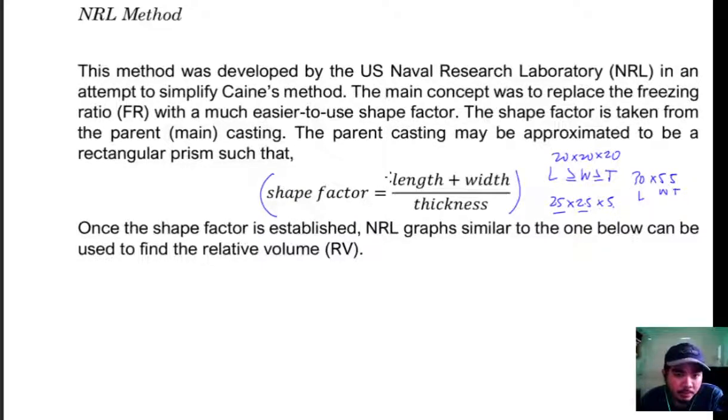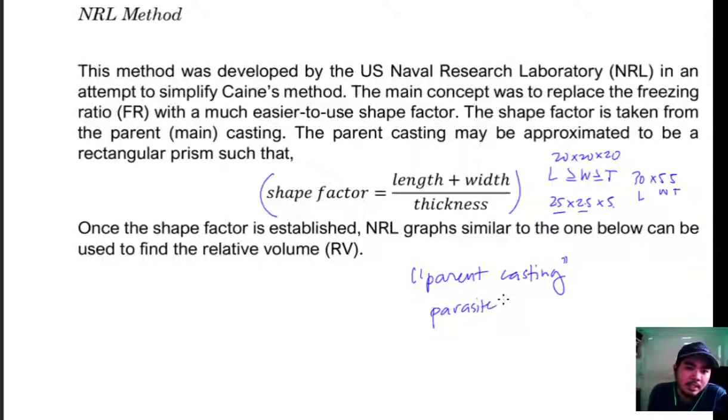So the shape factor, gagawin mo is you compute for length plus width plus thickness of what we call as the parent na casting, no? So dito kasi sa NRL method, we divide our casting into two groupings, no? So meron tayong tinatawag na parent casting, tapos meron tayong tinatawag na parasite casting.